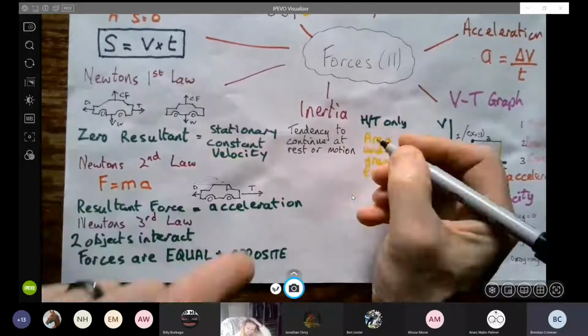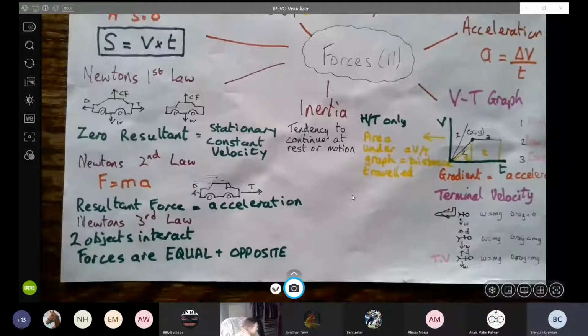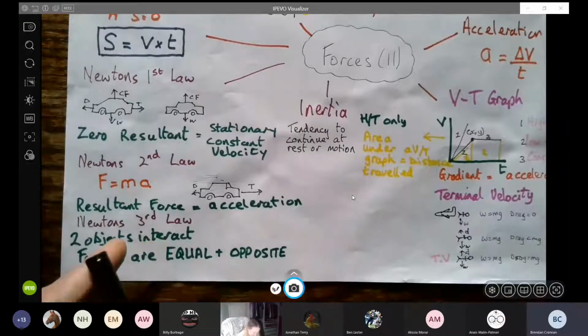Basically, an object will carry on doing whatever it was doing. If it was stationary, it remains stationary. If it was moving at constant speed, it remains moving at constant speed. So it fits in Newton's first law in that sense.